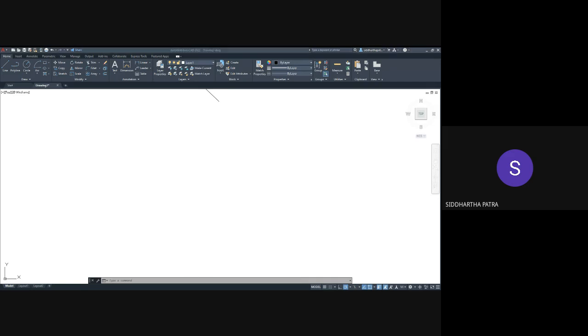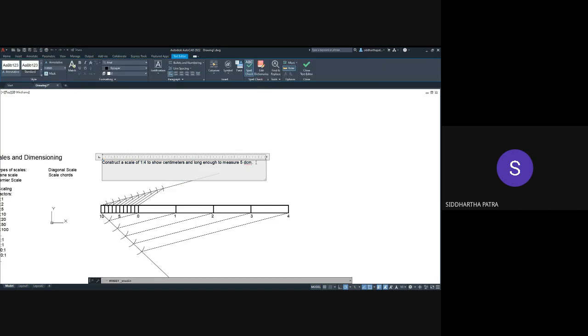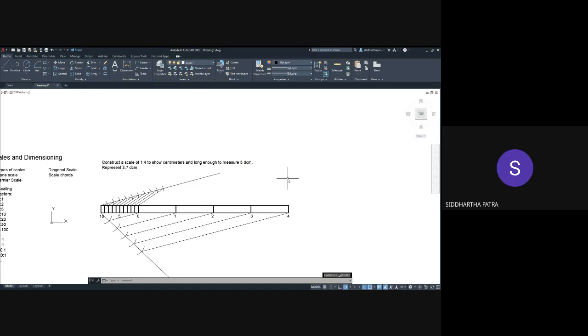Acha, by the way, if I were to represent 3.7 decimeter on that same scale, how would I do that?